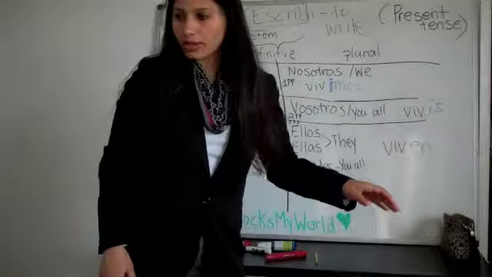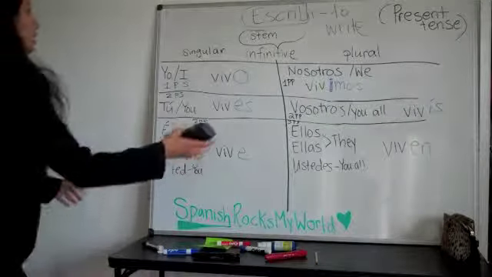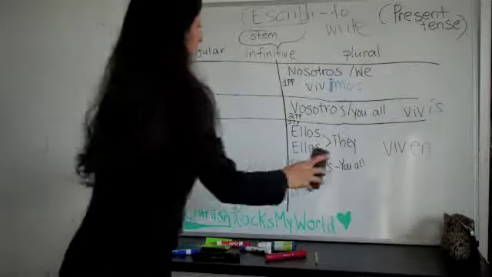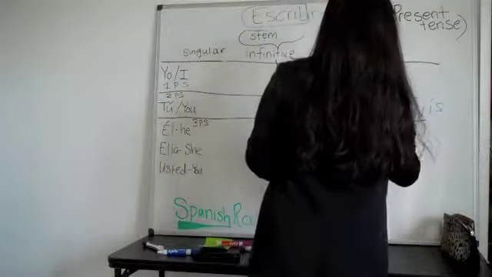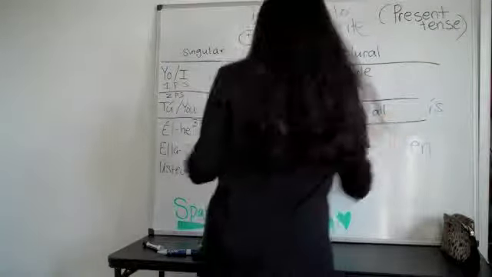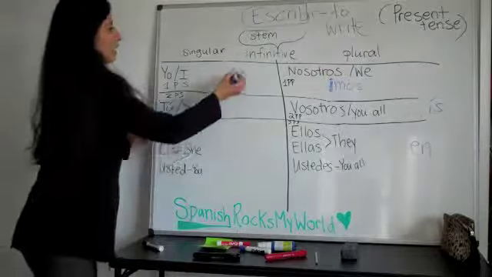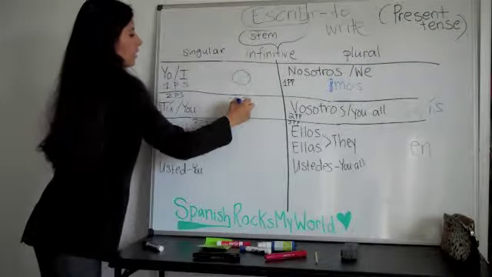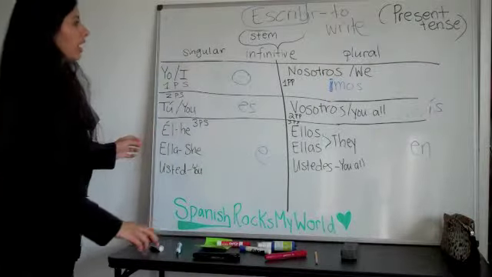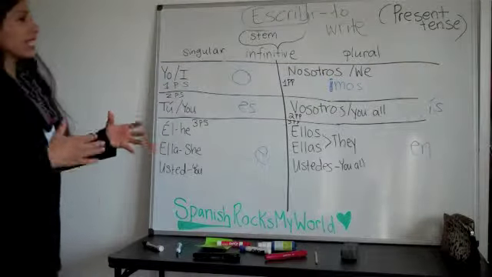So, let's go through my conjugation. Yeah, and then what was the ending for this? O, es, e, right? These are my endings for present tense IR verbs.